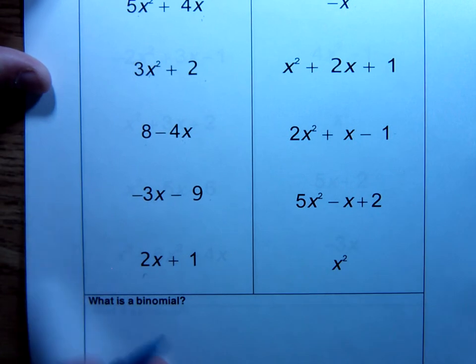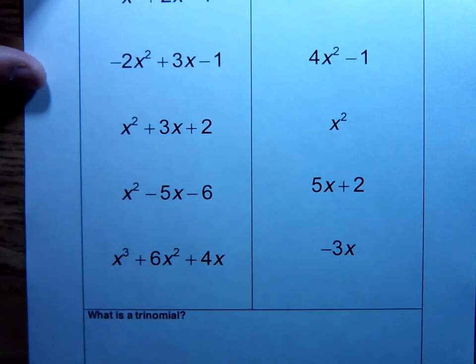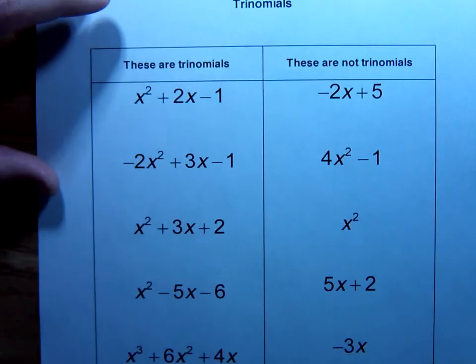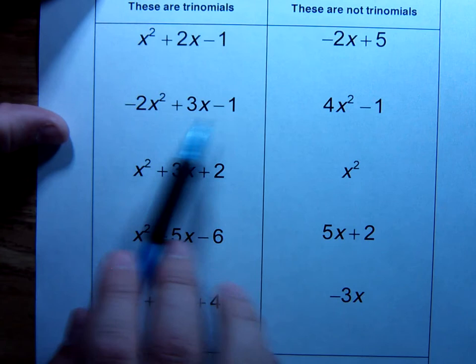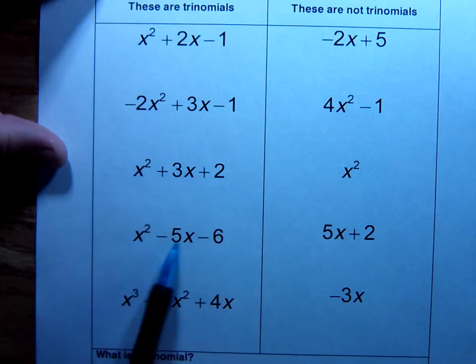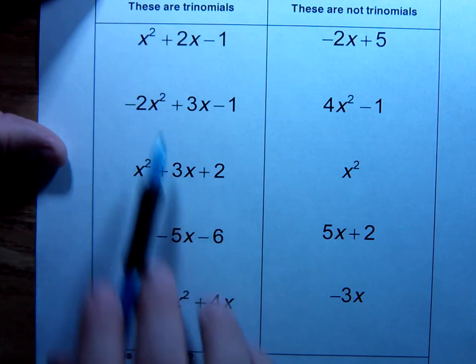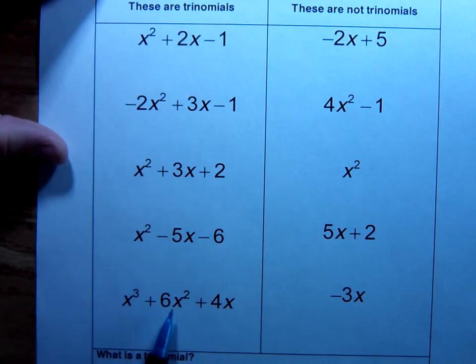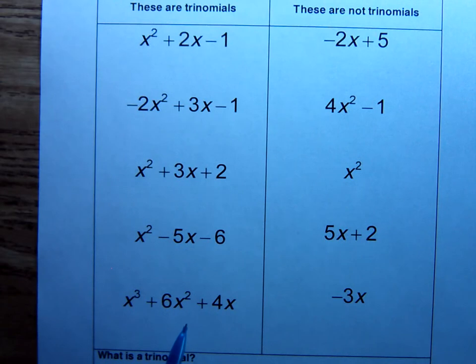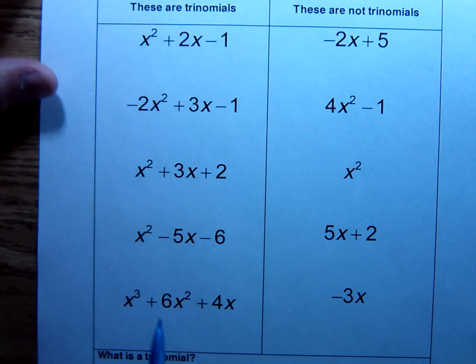And one last little brief introduction. What about trinomials? That's right. It's just three terms, all separated by plus or minus signs. Even if I had y's in here, it wouldn't make a difference as long as they're separated by plus or minus signs. In order to have a binomial or a trinomial, you need to have the plus or minus signs in there.